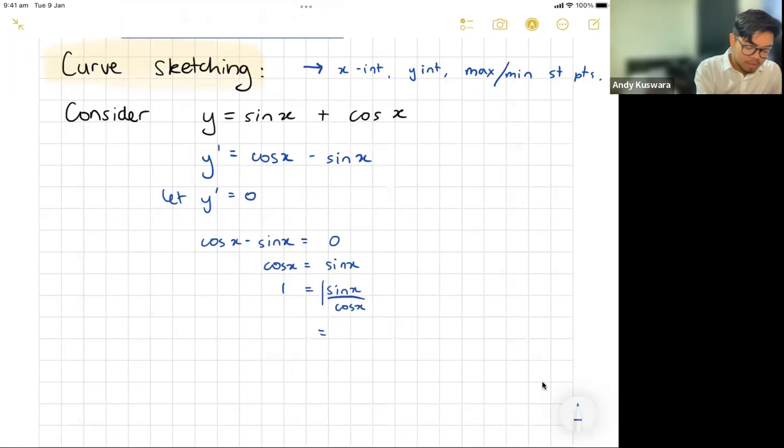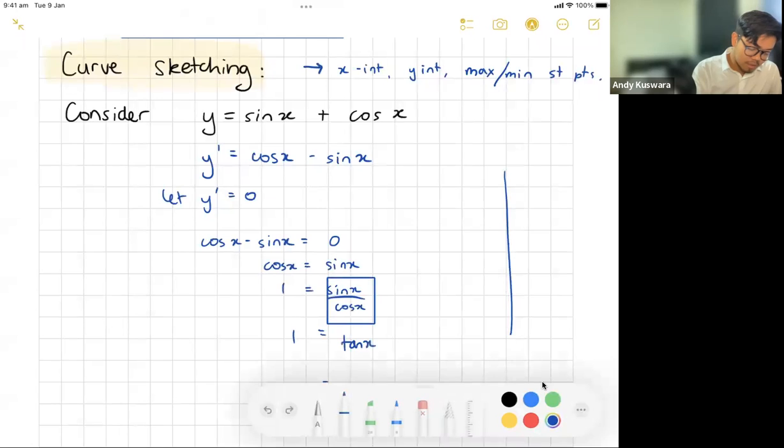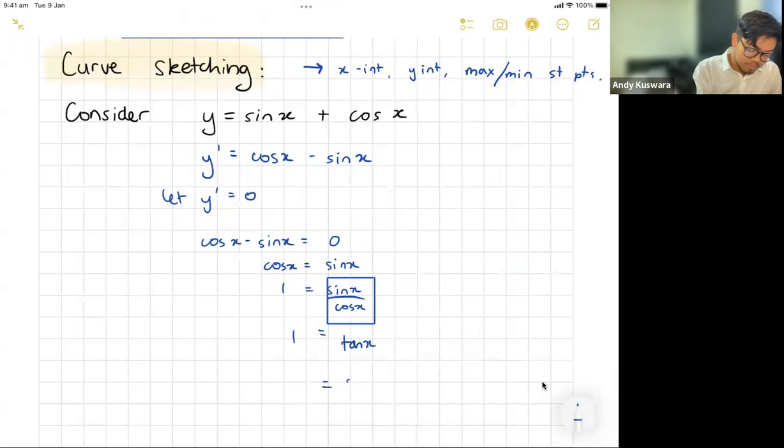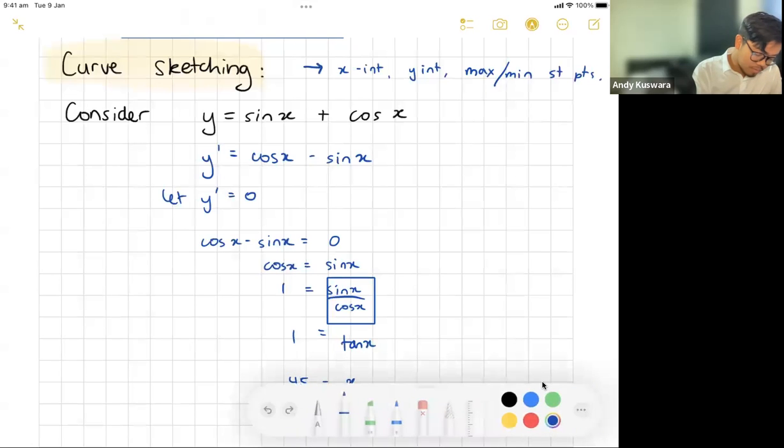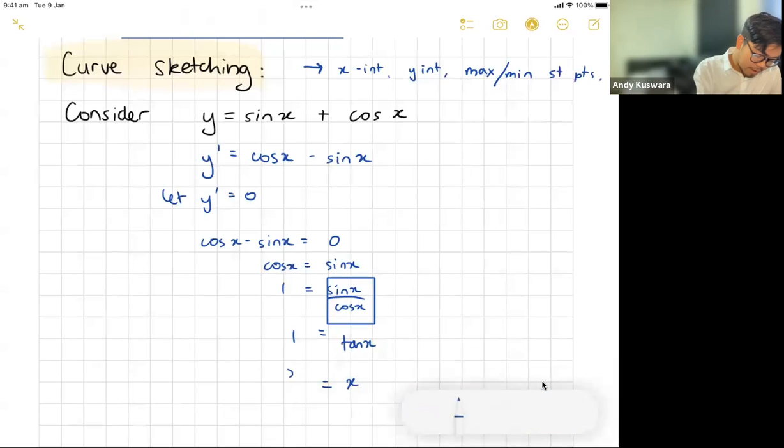Now we should recognize that this is tan x equals 1. If we look at our graph, when does tan x equal 1? Luckily, I remember it's when x equals 45 degrees, or in other words, pi on 4, going by our exact values. Cool.